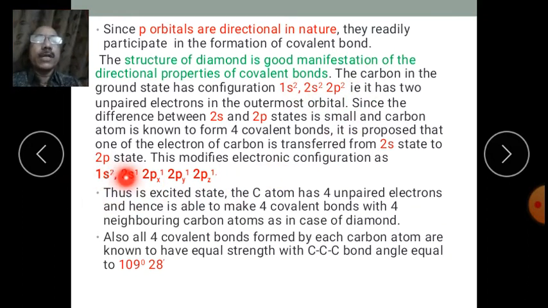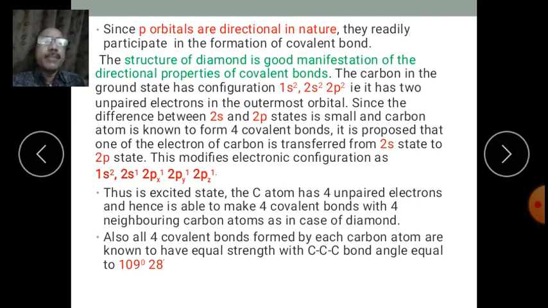So the electronic configuration is modified like this: 1s2 2s1 2px1 2py1 2pz1, isn't it? Thus, in the excited state, the carbon atom has 4 unpaired electrons.